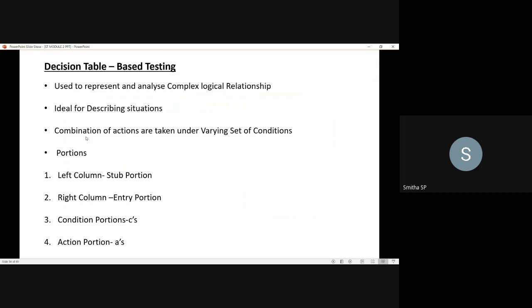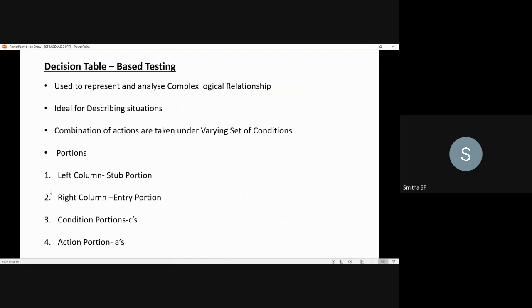In a decision table, we will have four portions. The first portion is called the stub portion, the other one is the entry portion, and we also have the condition portion and action portion. What is the stub portion? In the table, in the left column you will have the stub portion, and in the right column you will have what we call the entry portion.